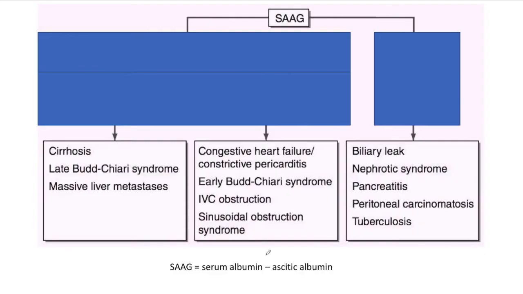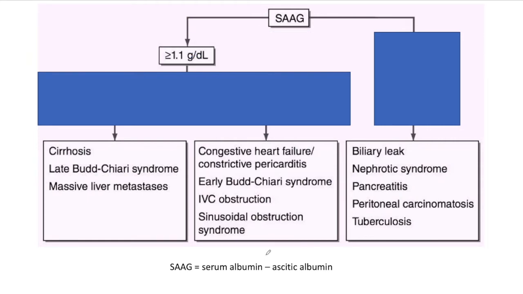Okay, and so on the next slide, we have sort of a breakdown of all the different ways we can have changes in that acidic fluid albumin concentration. So first we have this SAAG of greater than 1.1. When you see this number and it's greater than 1.1, that tells you that you have a transudate-like fluid.